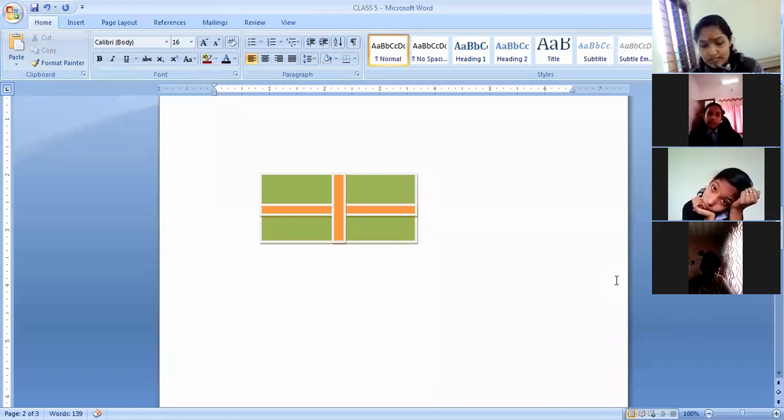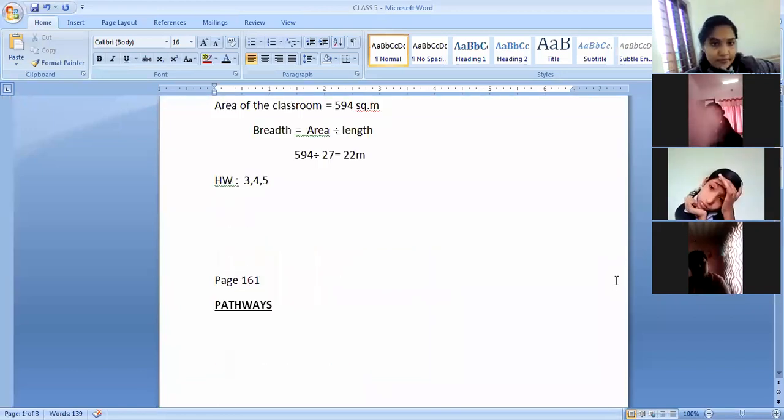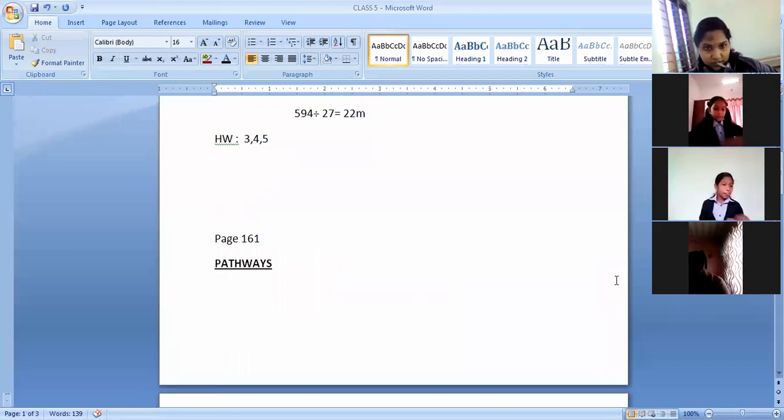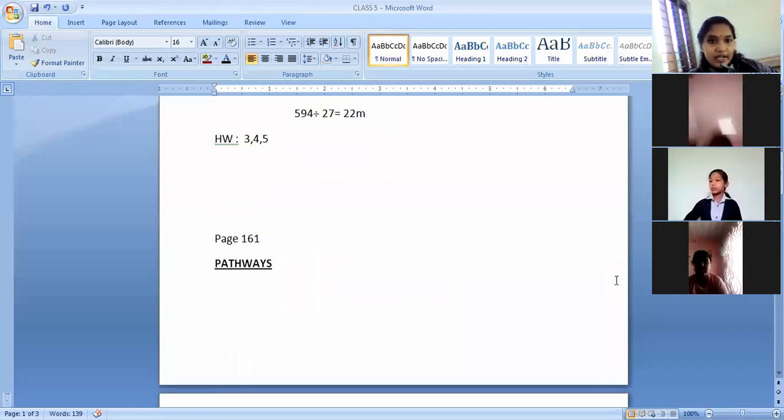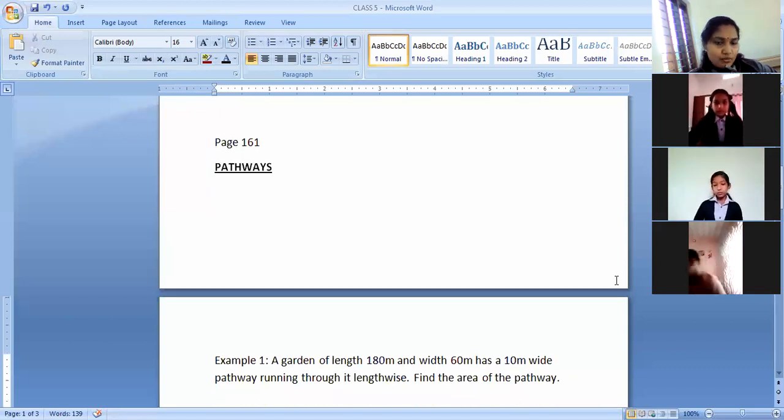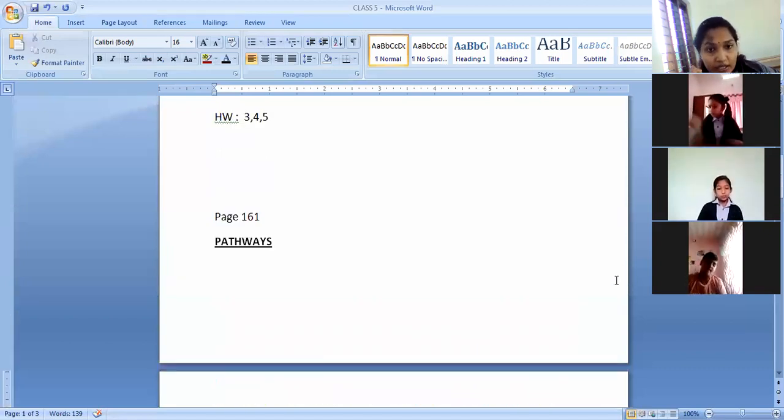problems related to this. Okay, everyone take your notebook. Now write the heading pathways. Pathways, then underline.